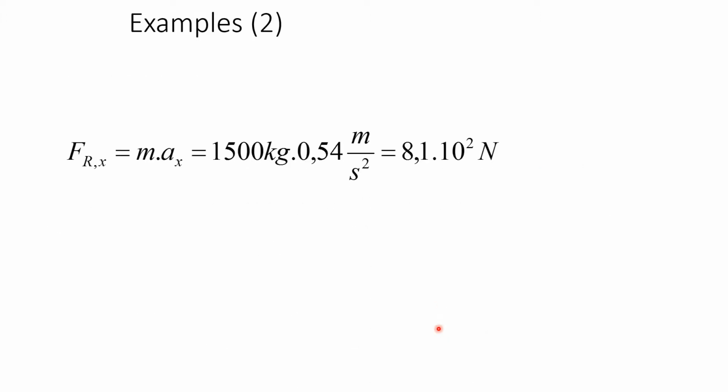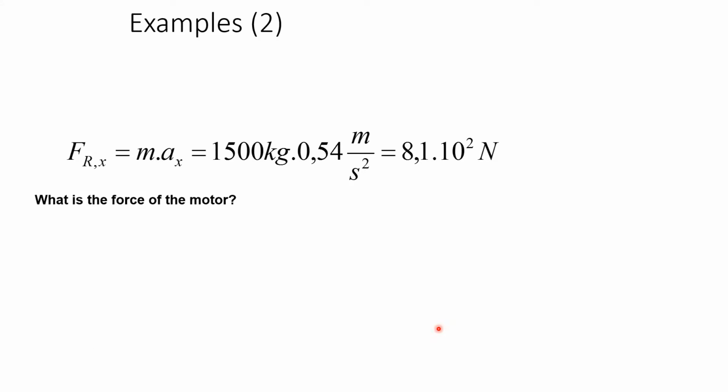So we have the acceleration, which means that the net force is the mass times this acceleration. Newton's second law we have here. So 1,500 kilograms times 0.54 meters per second squared is 8.1 times 10 to the second Newton, which means 810 newtons.